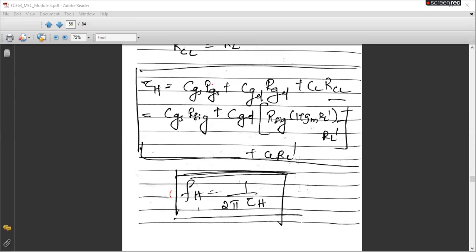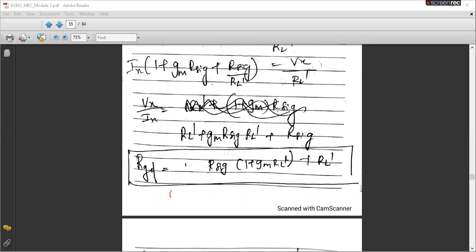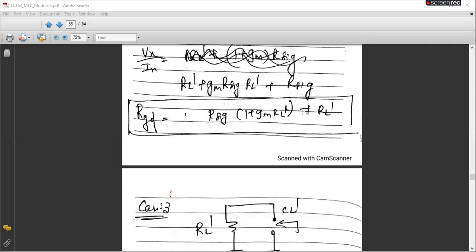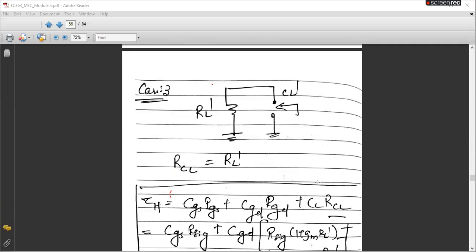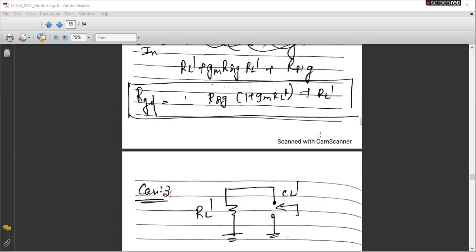Case 1, RGS is equal to RSig. Case 2, RGD is equal to RSig into 1 plus gm RL dash, plus RL dash. Here I have taken RL dash common like this.